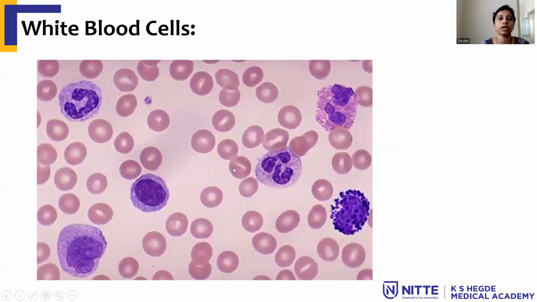So this is the picture showing all kinds of WBC which are seen in the blood. The most abundant WBC in adults are neutrophils, which have 3 to 5 lobes connected to each other by a narrow strand of nuclear band.